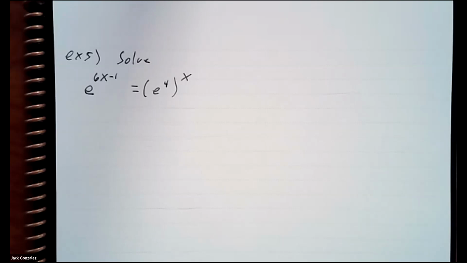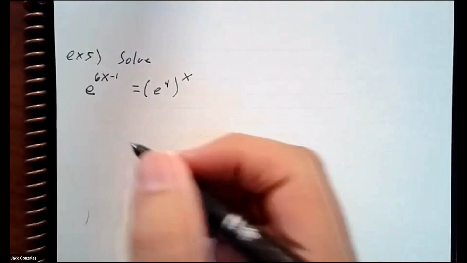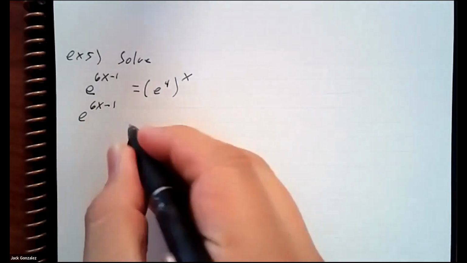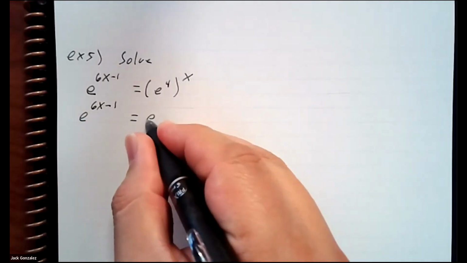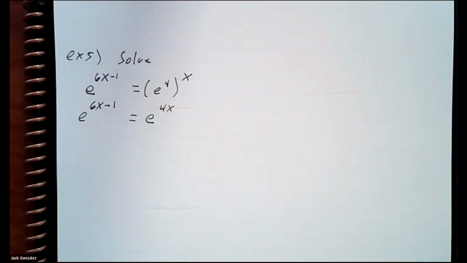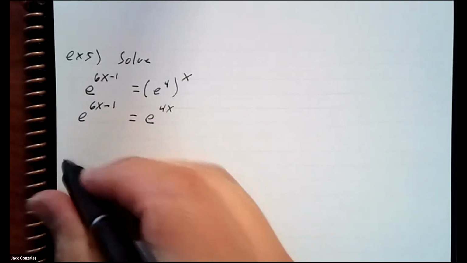So what do you do with these powers? Yeah, you have a power to another power. What's going to happen? We said you just multiply them, 4 times x. Once they're the same, use your property that says you can set the powers equal to each other.